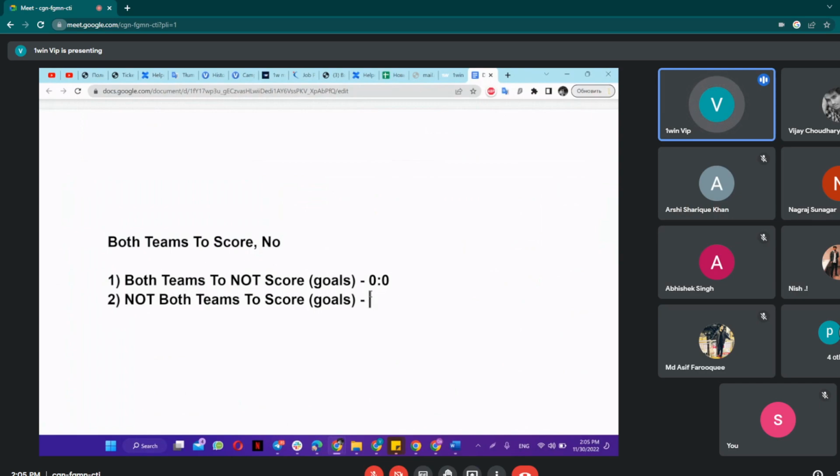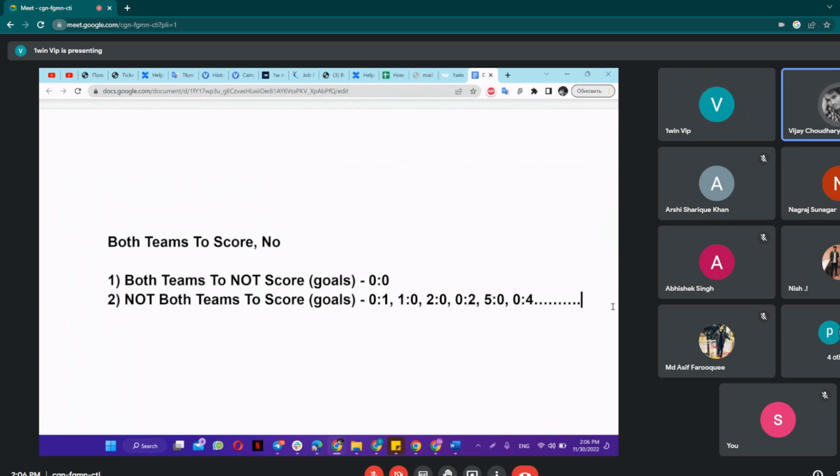So by placing this bet, both teams to score no, we also need to understand that it could be calculated the second way. And let me show you what the possible scores to win this bet are. It could be 0-1, could be 1-0, it could be 2-0, or 0-2, or 5-0, or 0-4, etc. Any other combination.